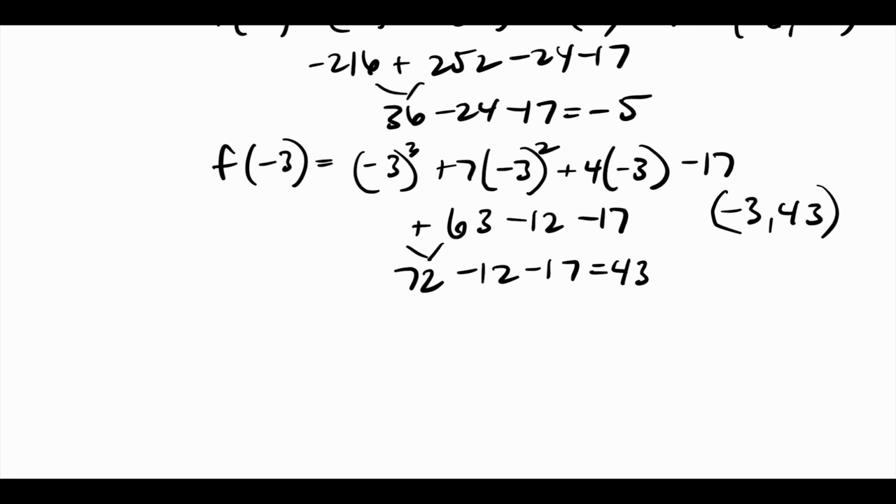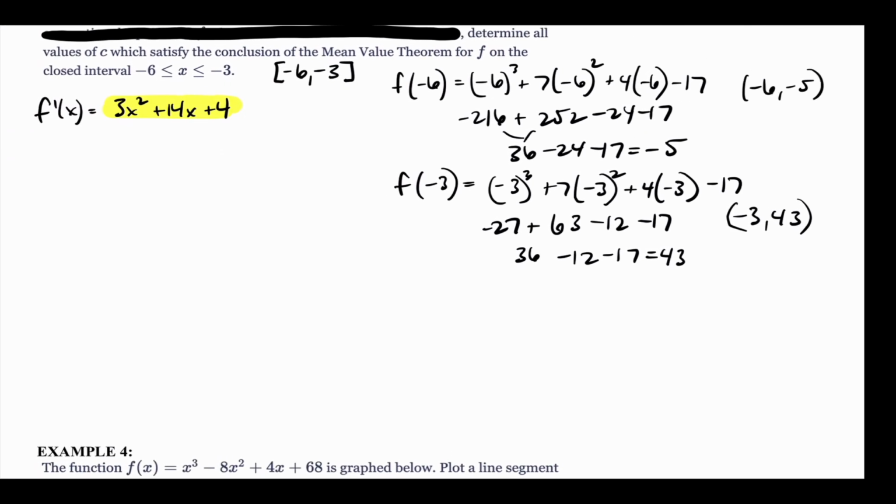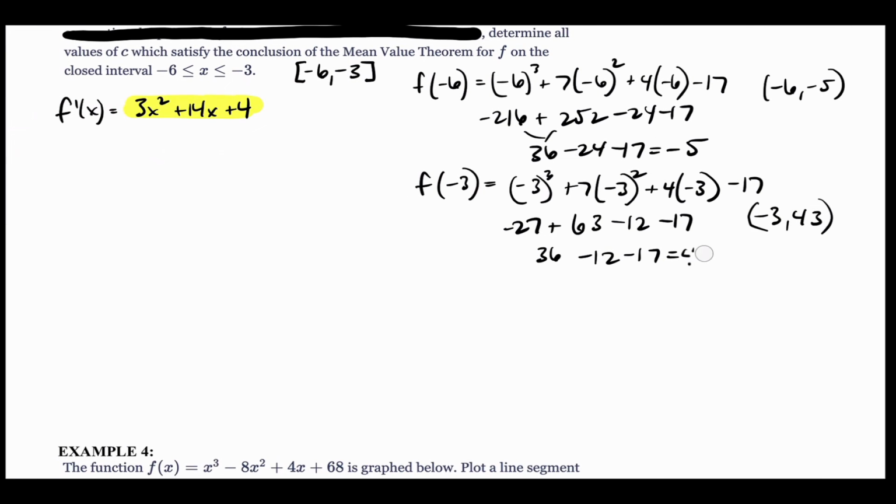Felt wrong when I did it. So that guy is going to be 36. See, 36 minus 17 is 24, minus 17 is 7. -37.